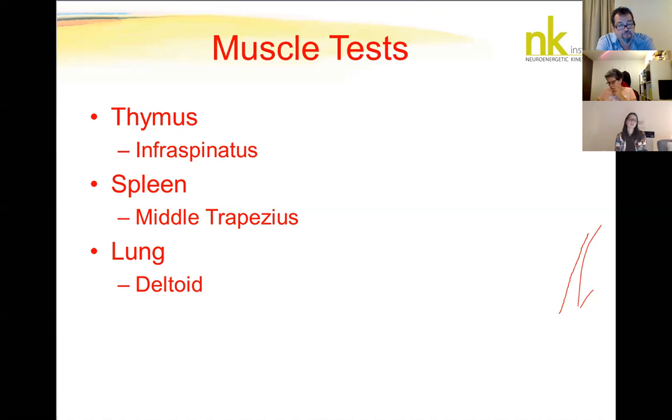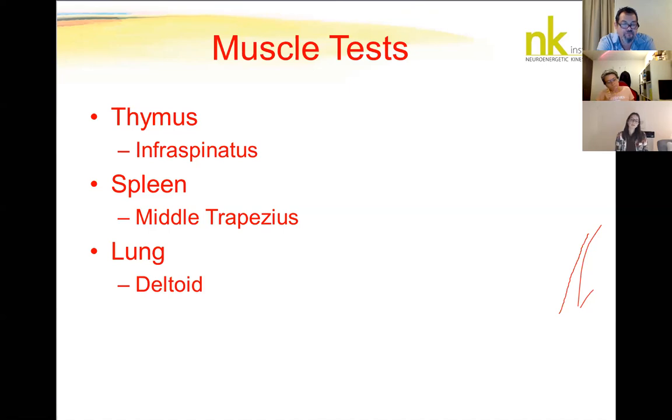So the spleen is kind of more general with the immune system, more general.